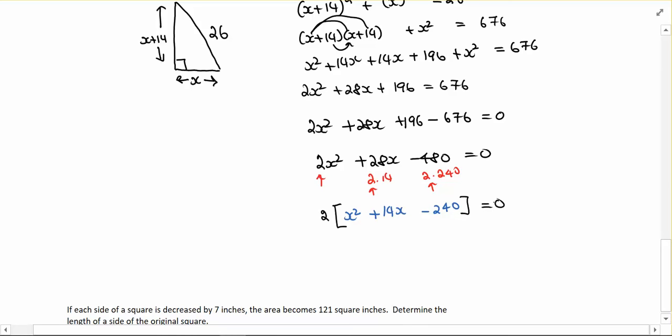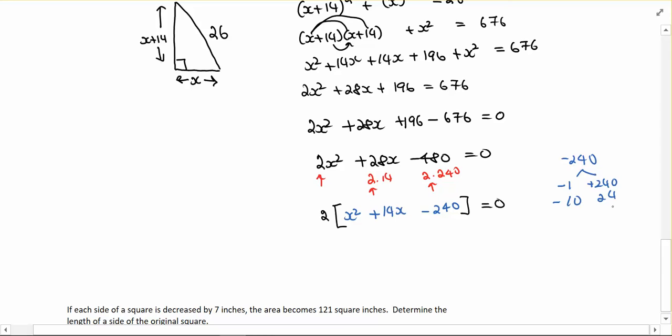And now I'm looking for numbers that multiply to be negative 240 and add to be 14. So clearly 1 and negative 240, but that's a long ways from where I want to be. So I'm going to jump to, say, 10. Wait, this has to be negative, that has to be positive. So 10 and 24, right? So that's negative and that's positive.